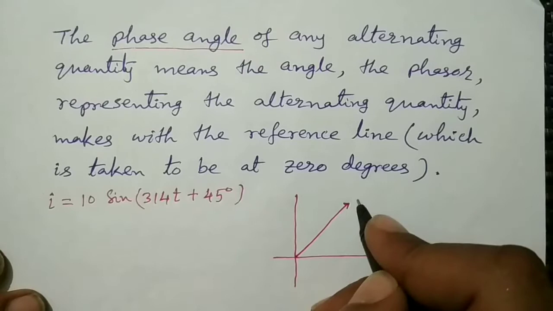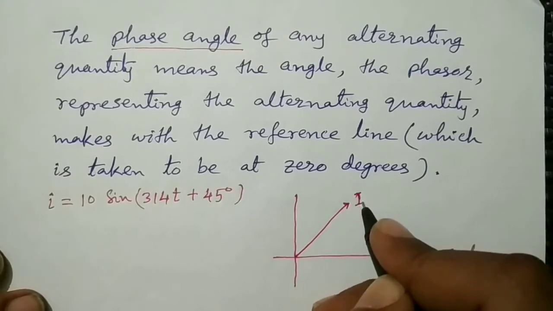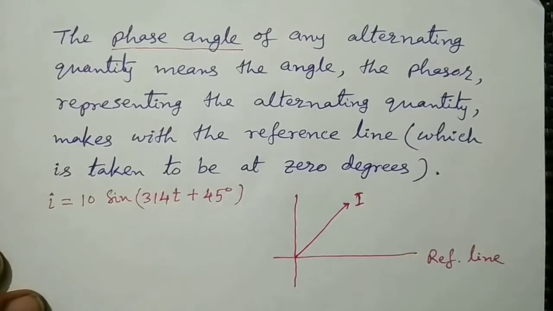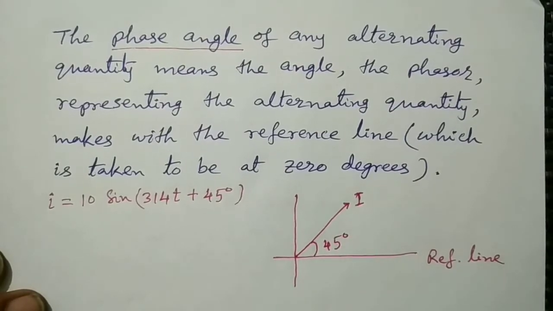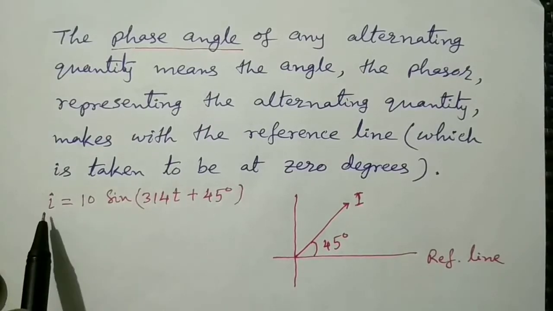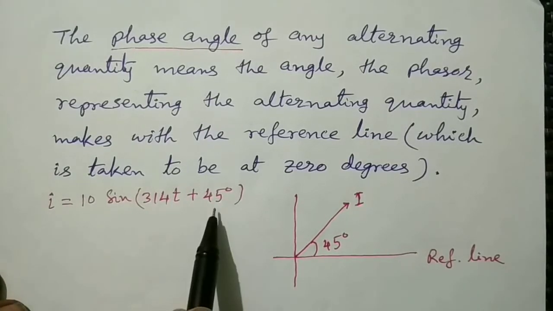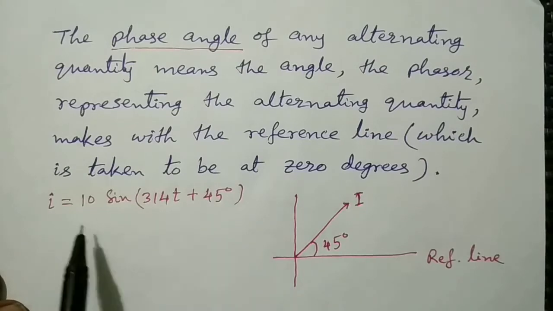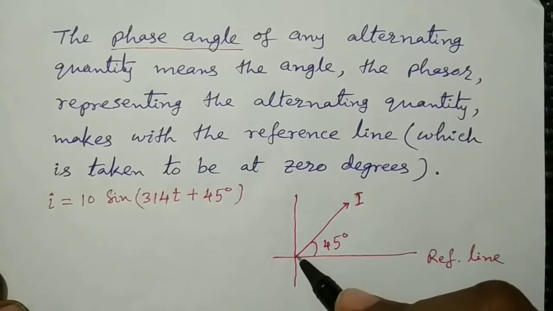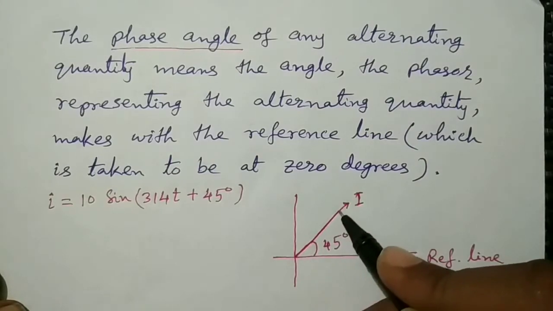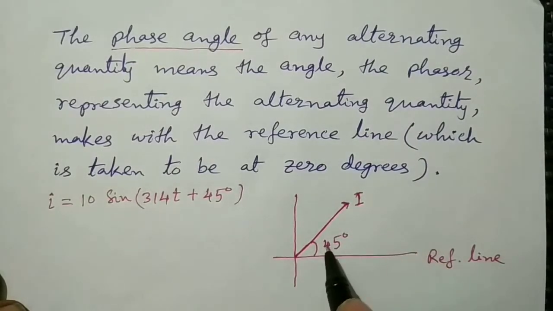So here it will be the current I. This angle is 45 degree. Therefore, we can say the phase angle of this current is 45 degree. Phase angle of this alternating current is 45 degree. This straight line represents the phasor of the current and its phase angle is 45 degree.